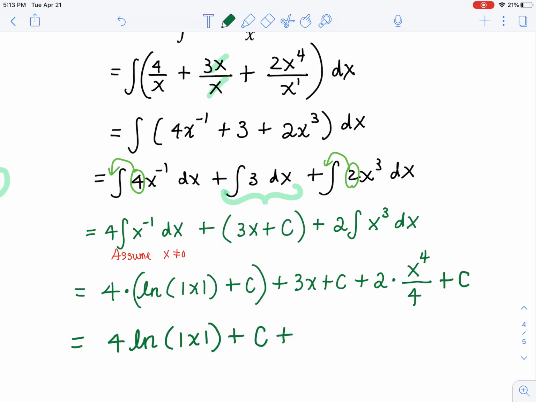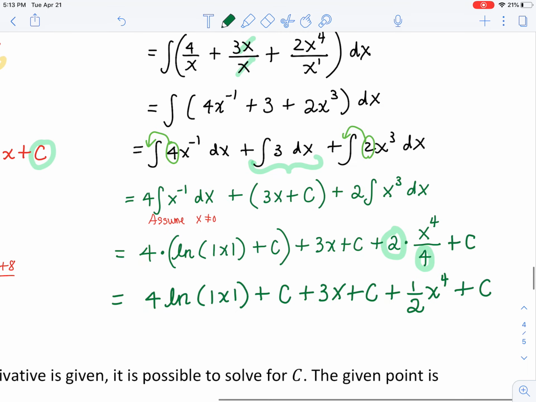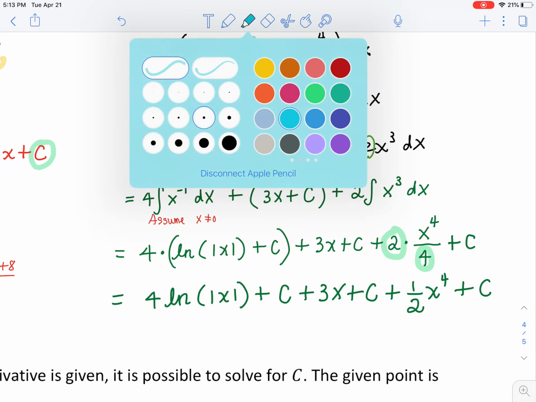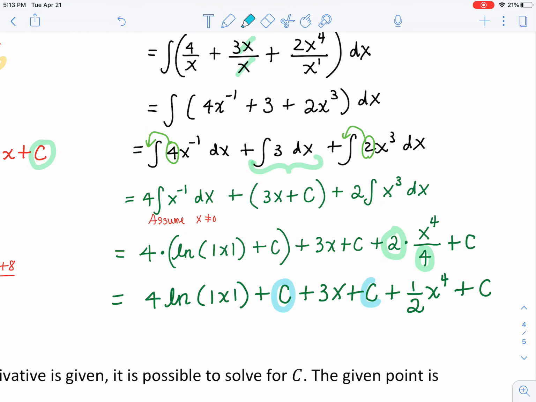Okay, so what's that going to be? I'm gonna have 4 natural log of absolute value of x. And you don't have to. I mean, don't be upset with me, because I'm not gonna write 4c. If you really want to write 4c, that's okay, but I'm just gonna write c. Plus 3x plus c. Plus, now take a look. If you combine or simplify this 2 over 4, you're going to get what? 1/2 x to the 4th plus c, right?